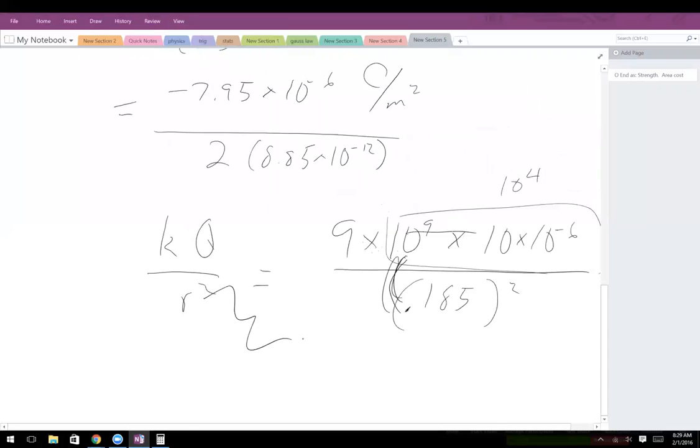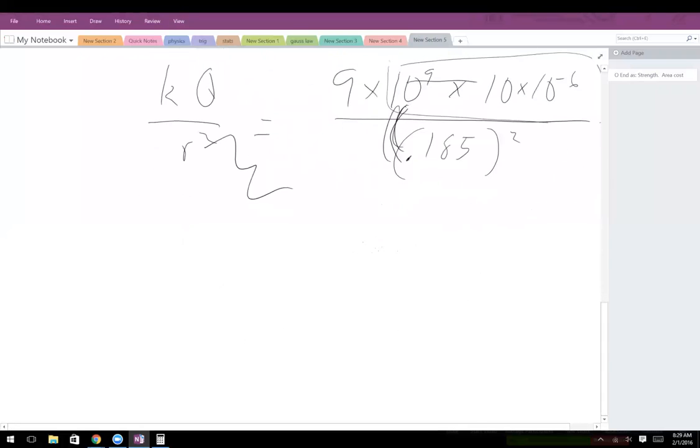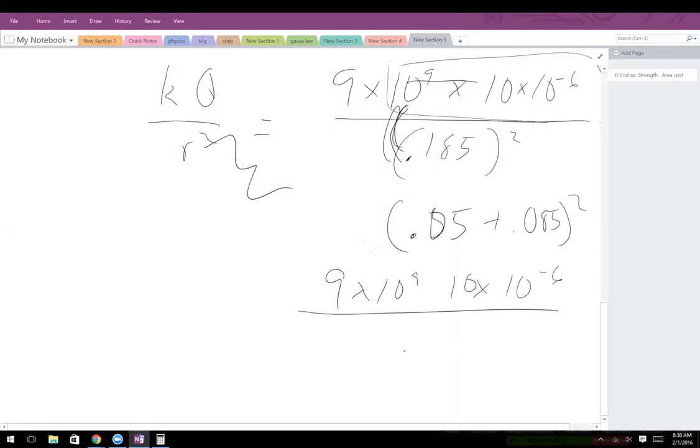So we can either just put 0.1 or take the number out, right? Okay, so on part C, change the 0.1 to 0.05 and then plus 0.085 squared. And then same thing for part B: 9 times 10 to the 9, 10 times 10 to the minus 6, and instead of 0.1 squared on the bottom, go 0.05 squared.